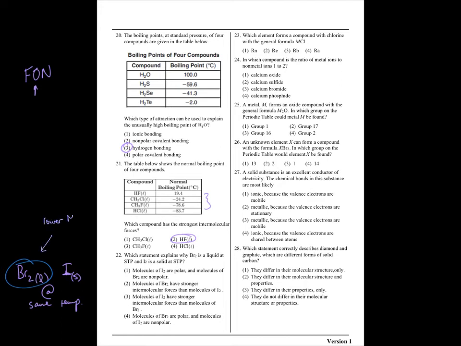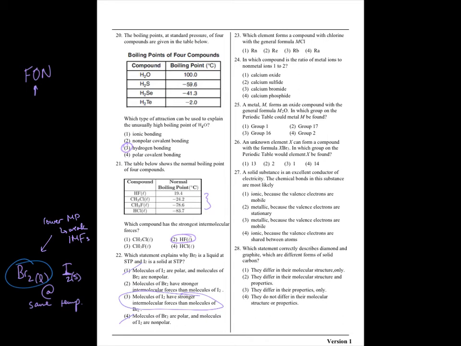Because it has a lower melting point, it also has weaker IMFs, weaker intermolecular forces. So if bromine has a lower melting point and weaker intermolecular forces, that means I2 has stronger forces. It has nothing to do with the polarity. It has more to do with the intermolecular forces. And so molecules of I2 have stronger IMFs than Br2. That's why.